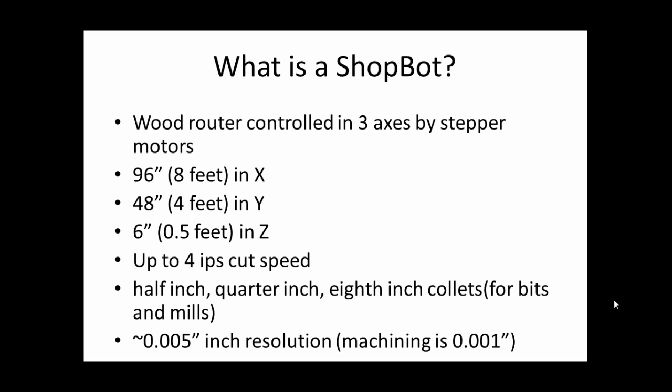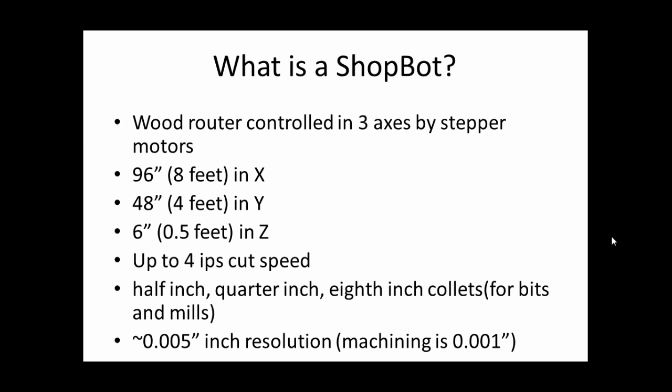Oh, it stopped? I don't know if it stopped. Oh, you're right. So our ShopBot CNC is a 3-axis machine, which means it can only go in X, Y, and Z. There are 4-axis and 5-axis machines.